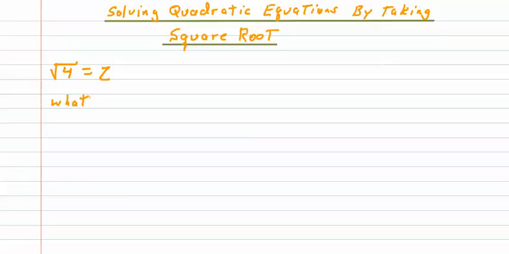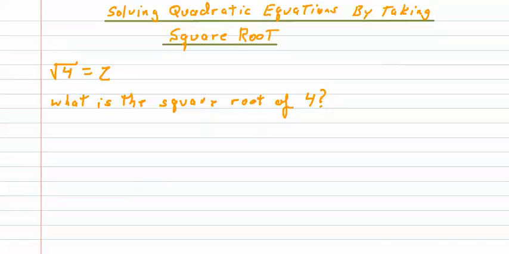What is the square root of 4? What is it? And your gut reaction, the thing that you always are going to come up with, is to say 2.